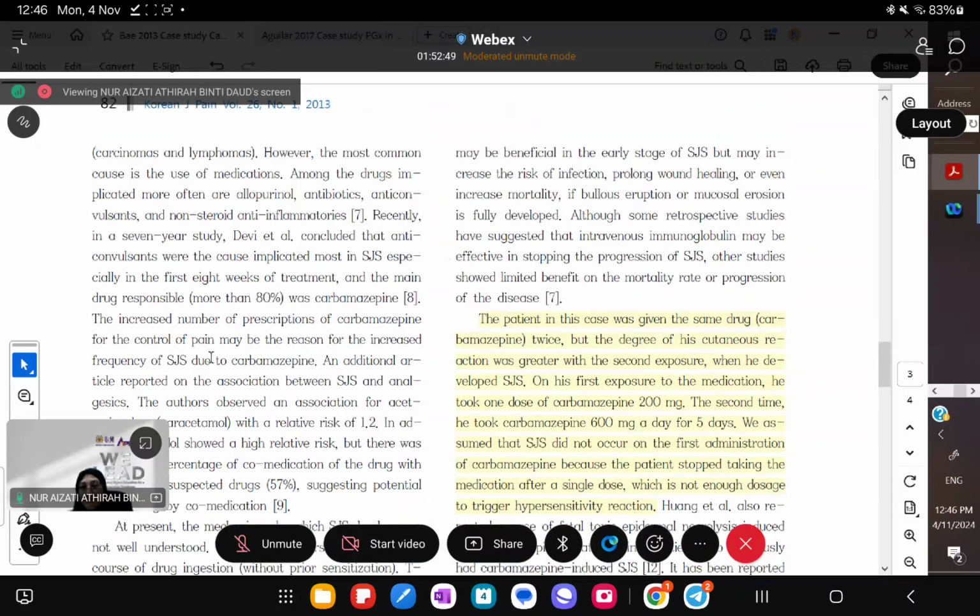If you can expect lah, based on the previous marker tadi, what would be the marker that is related to this case? Boleh jawab tak? Marker apa? For carbamazepine causing SJS ataupun TN.